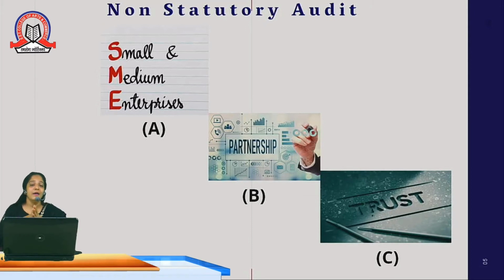Further, we do have partnership firms, we do have trusts, we do have NGOs. The audit which is conducted for a partnership firm and also for non-profit making organizations will be categorized under the non-statutory audit.